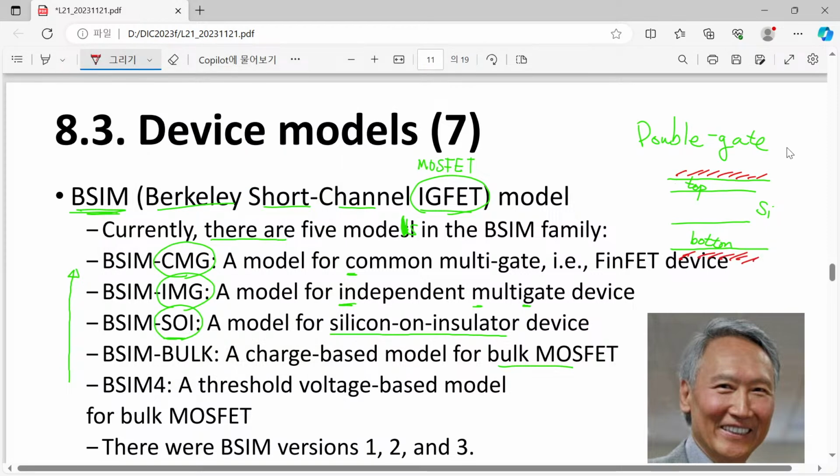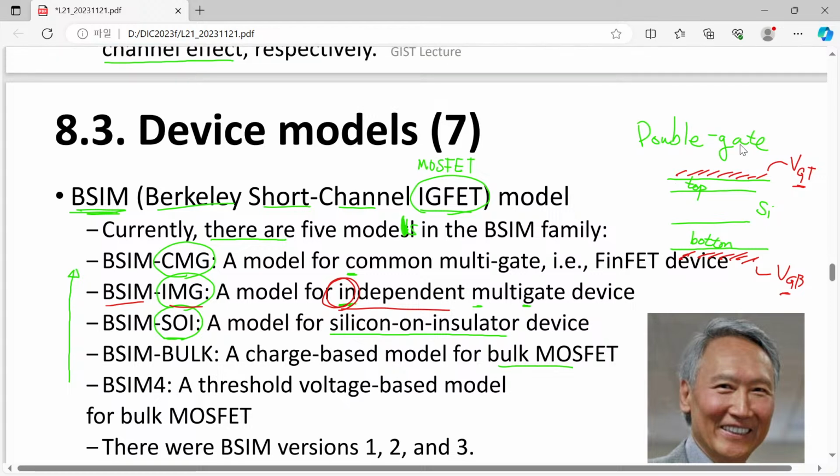In this case, we can apply a certain gate voltage to the top gate and a different gate voltage to the bottom gate simultaneously. So they can be controlled independently. That's the reason why they developed BSIM-IMG.